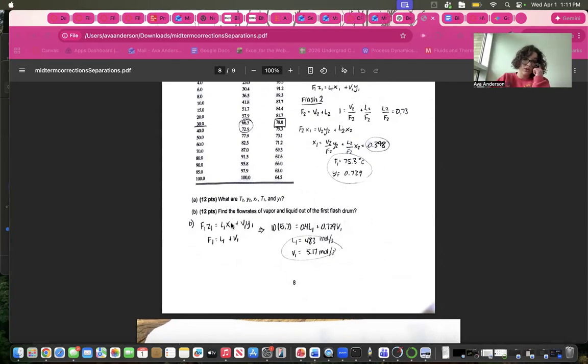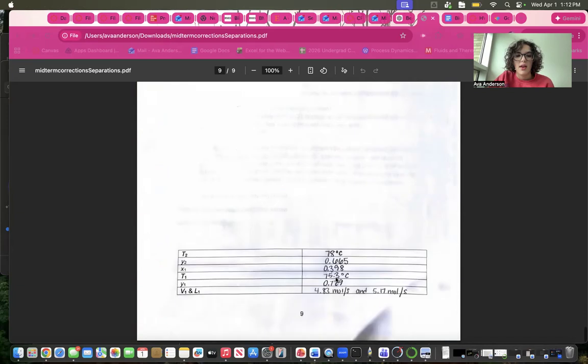With two equations and two unknowns, L1 and V1, you can solve for L1 and V1 from there. So you have 483 moles per second for L1, and for V1, you have 505.17 moles per second. And that's essentially everything tabulated down. So thank you.